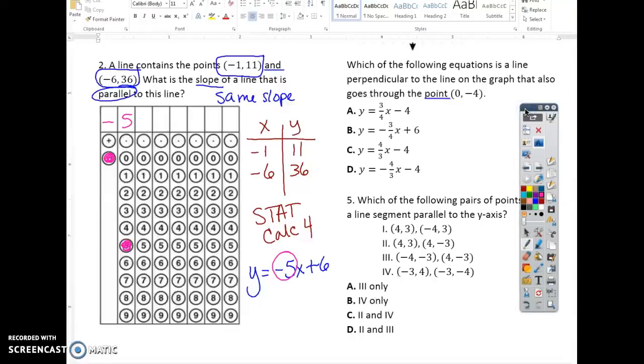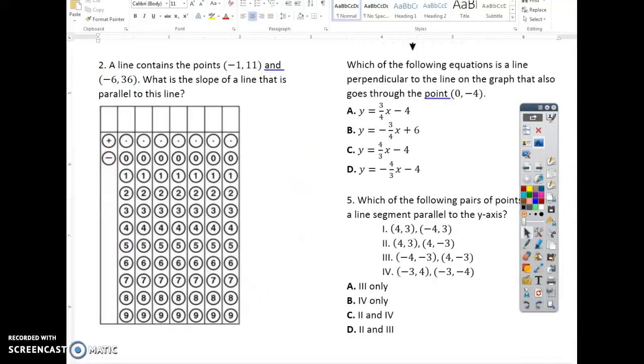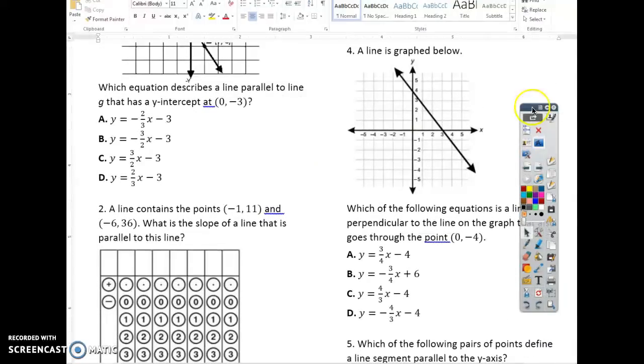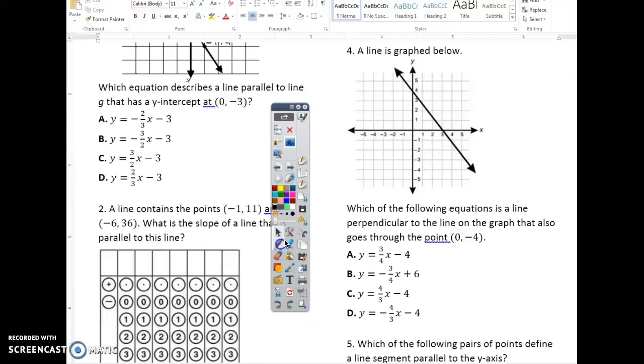Okay? Problem number 4, you have to look at the graph. It says that it needs to be perpendicular to this one, so we have to find the slope first of this one and then flip it and change the sign. So how would you find the slope of it? Pretty points. Okay, you could do rise over run, or you can put it in stat, find the equation.